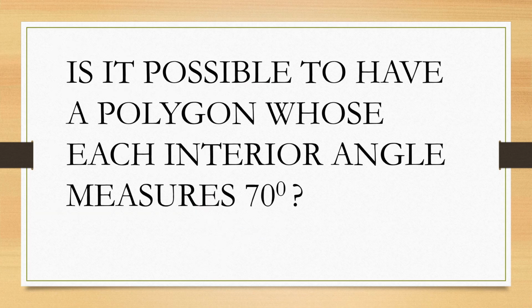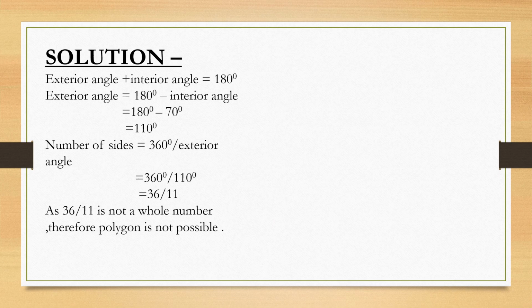Coming to next question. Is it possible to have a polygon whose each interior angle measures 70 degree? Look at the solution. Using the relation exterior angle plus interior angle is equal to 180 degree. Children, you are given the measure of interior angle as 70 degree. So exterior angle will be 110 degree.